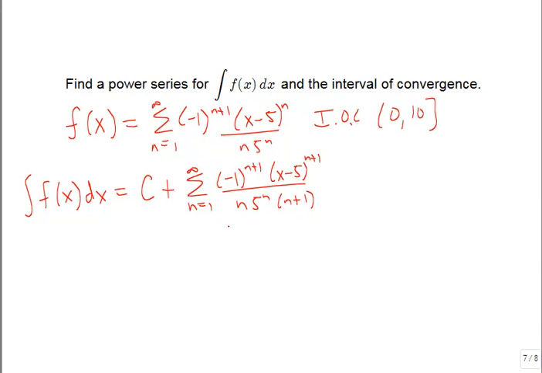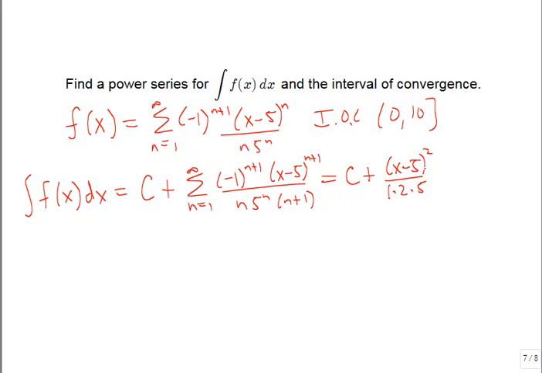If you want to expand out a few of the terms here, you can. This would be the constant c plus, and when n is 1, this will be positive, and we'll get (x minus 5) squared over 1 times 2 times 5 to the first.